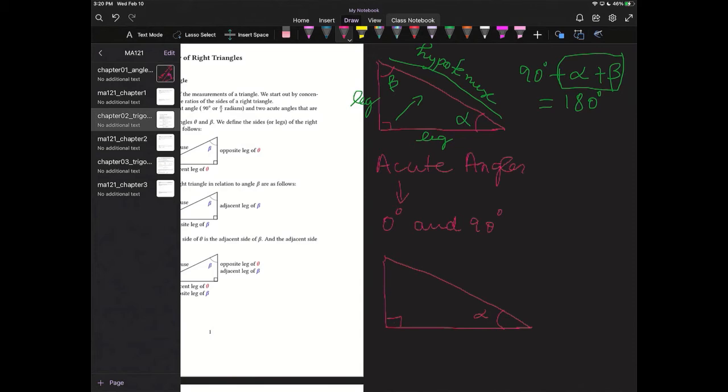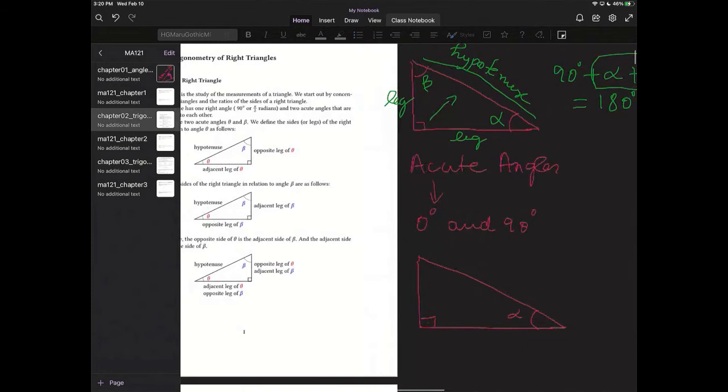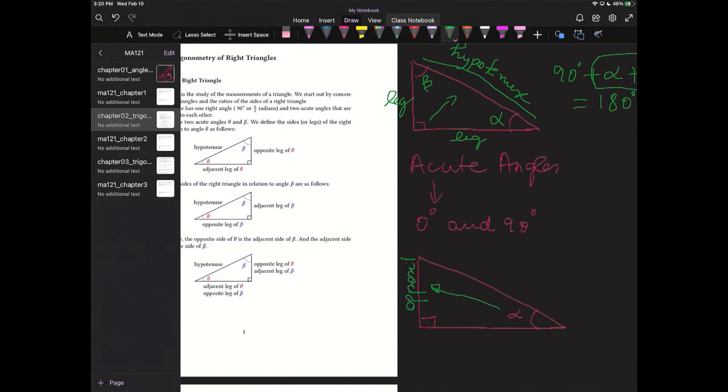The terminology is that the opposite side to alpha is this one, like I pointed out for the other angle. So this is the opposite of alpha. Obviously, this side is still called the hypotenuse. That doesn't change. But the other side, the one that touches alpha, is what we call the adjacent. Adjacent means next to it. So this is the adjacent.